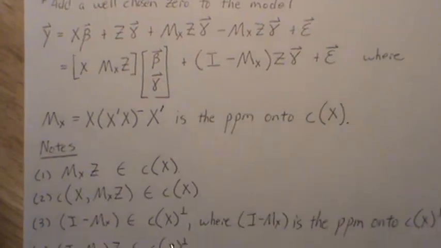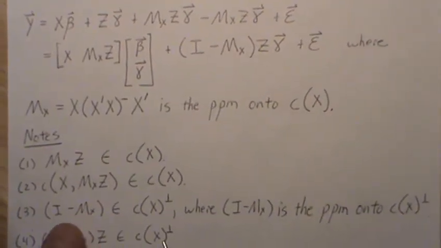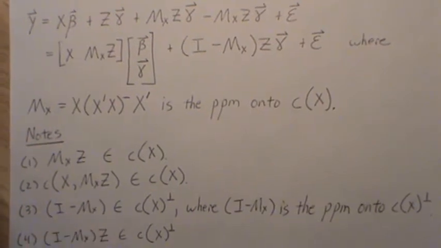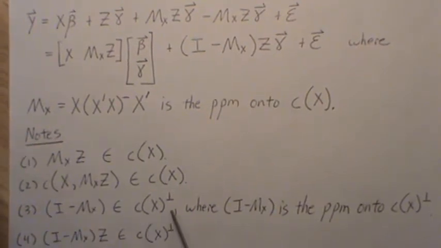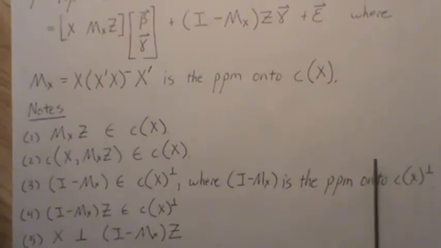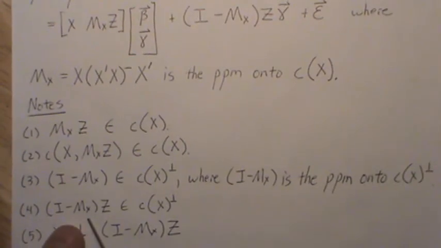Now, the properties of perpendicular projection matrices: if you take I minus that perpendicular projection matrix, it projects onto the orthogonal complement space of whatever the perpendicular projection matrix projects onto, which is the column space of X. So I minus MX is the perpendicular projection matrix onto the orthogonal complement of the column space of X. So I minus MX, Z, is orthogonal to the column space of X, right?